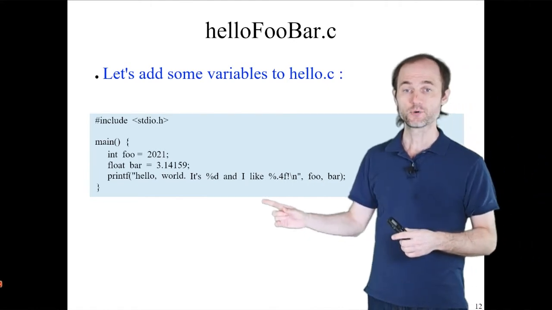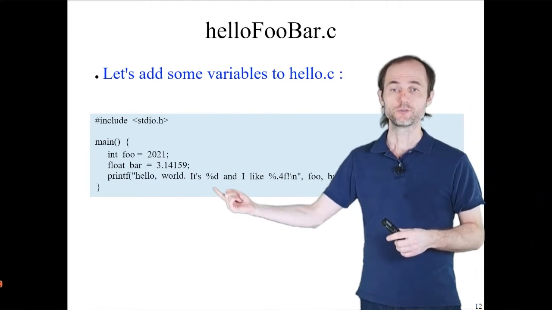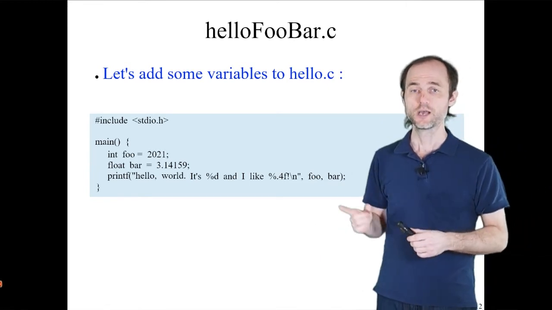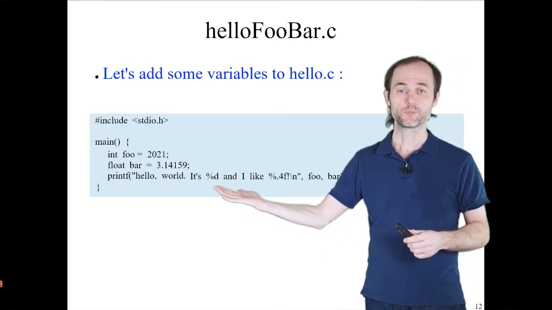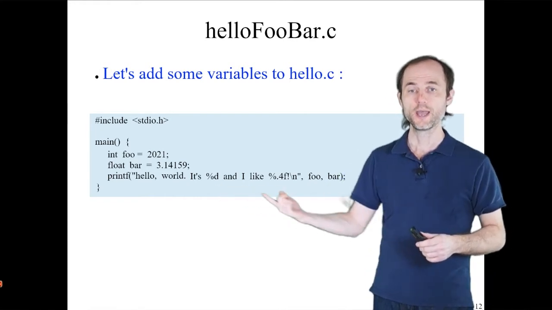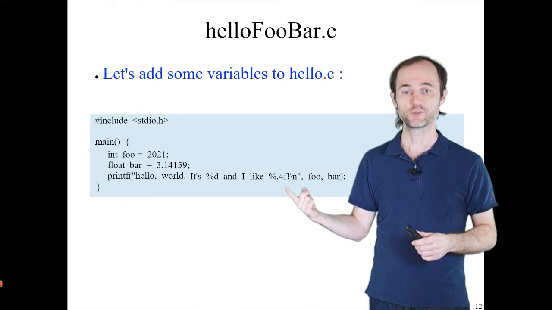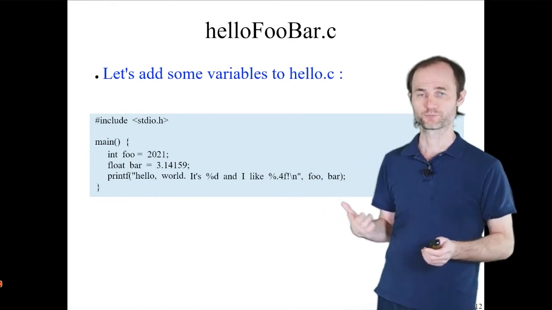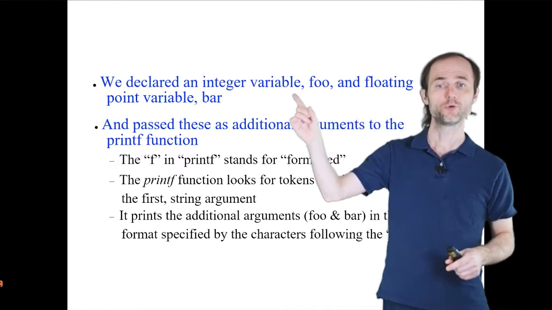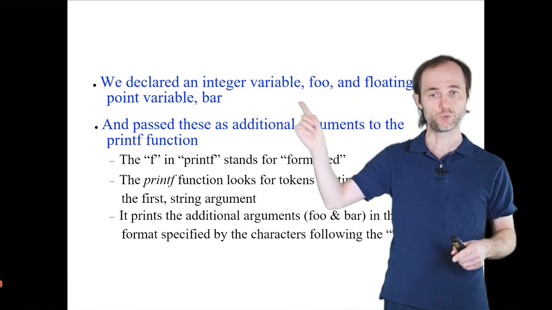You can see that every statement is finished with a semicolon, and now we can actually print these variable values. Printf allows you to do that by using format specifiers, which we will cover in the next few slides. So you can add a %d specifier, which is going to represent an integer, foo, and a %f specifier, which represents the float. So an integer, foo, and a floating variable, bar, just as we said.